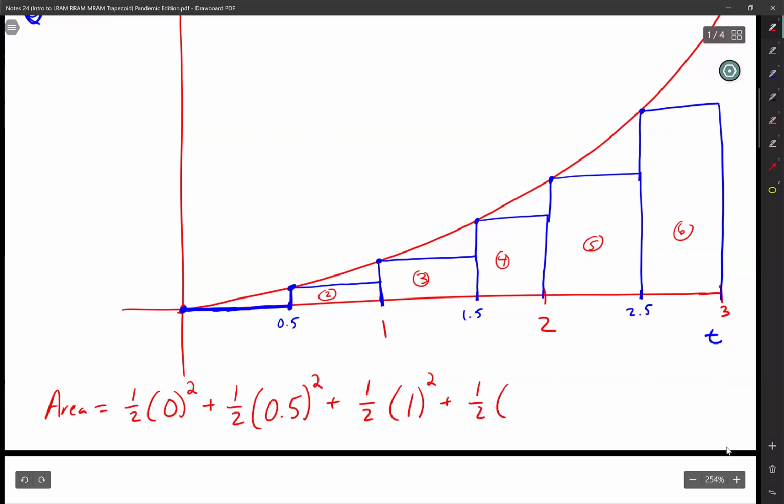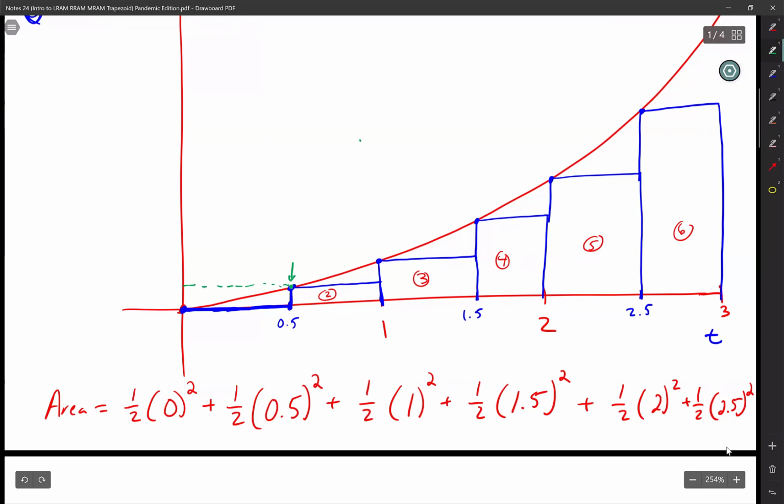You guys get the picture? Go all the way until 2.5. I just don't know why we have to square it. Oh, so Viacana said, I don't understand why we're squaring it. The height of rectangle number 2 is whatever the y value is.